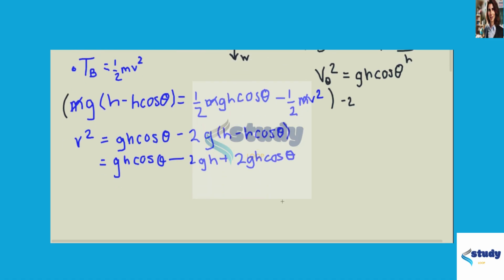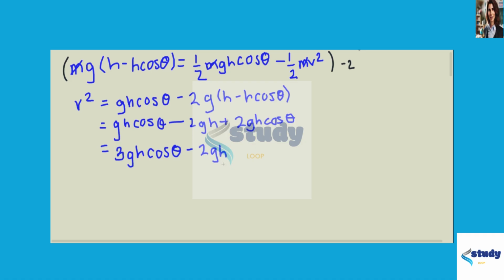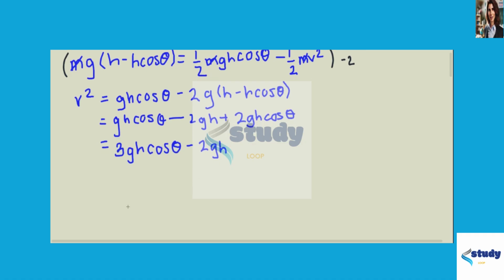So I'm going to add these two together, the gh cosine theta, so we get 3gh cosine theta minus 2gh. And if I factor out gh, we have gh times 3 cosine theta minus 2.